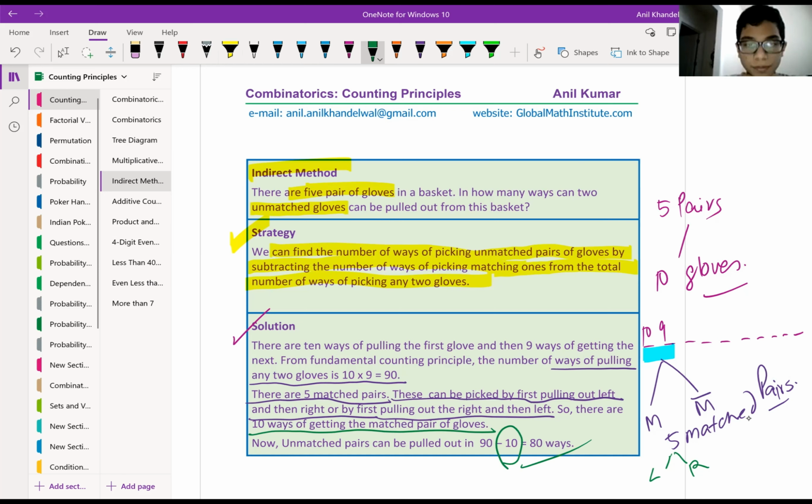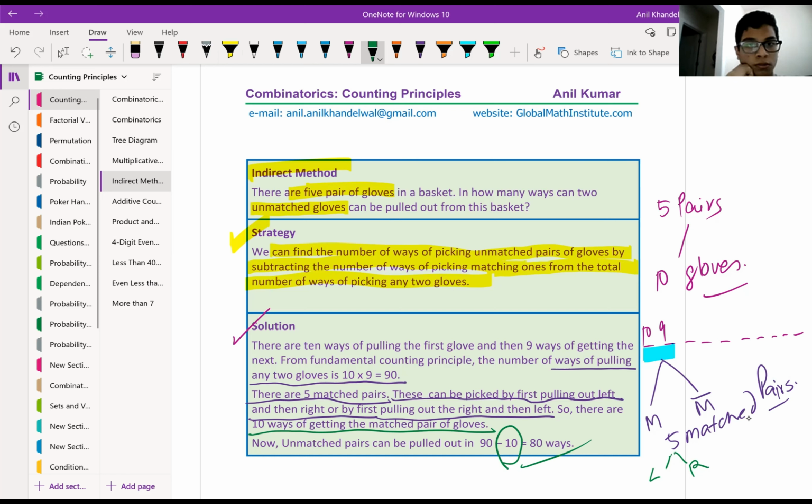Again, as we are looking into this, sometimes counting becomes very difficult. We need to really look into this problem in so many different ways to get to the solution. You get the idea?